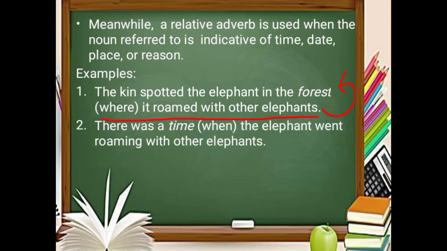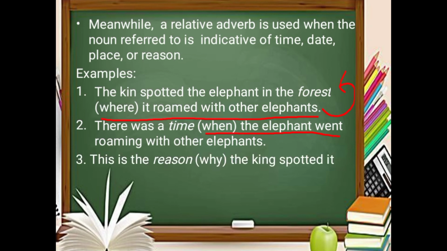There was a time when the elephant went roaming with other elephants. When the elephant went roaming is the adjective clause. This is the reason why the king spotted it. Why the king spotted it modifies reason.